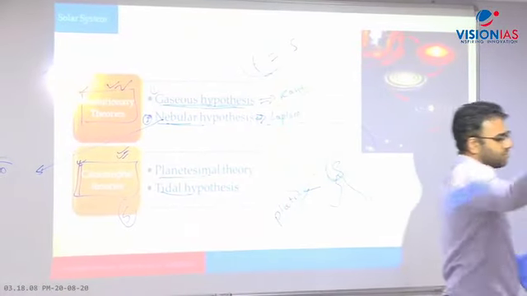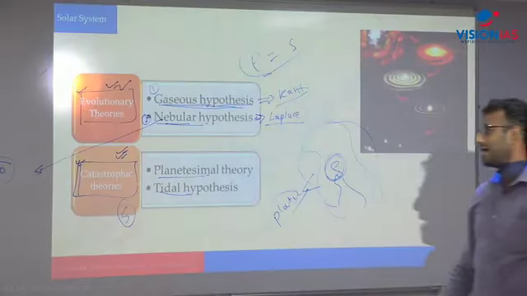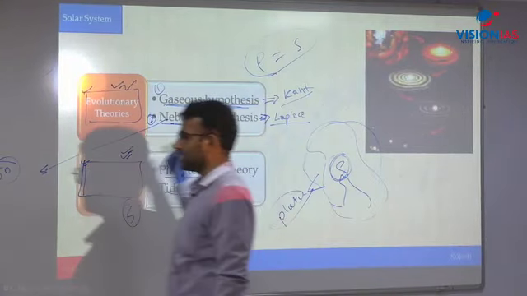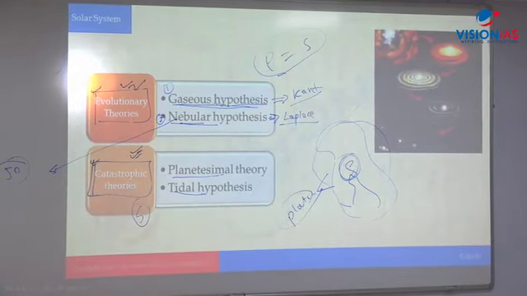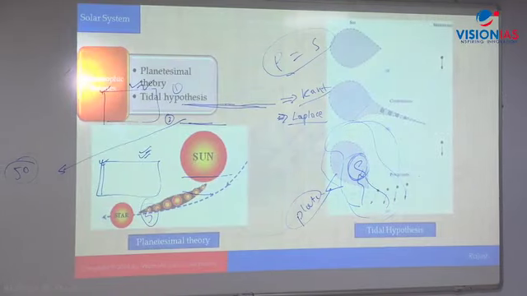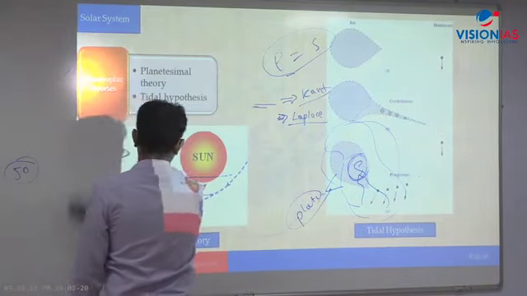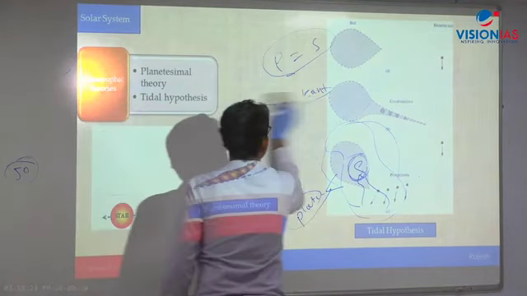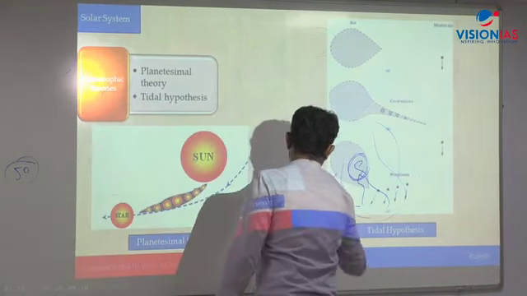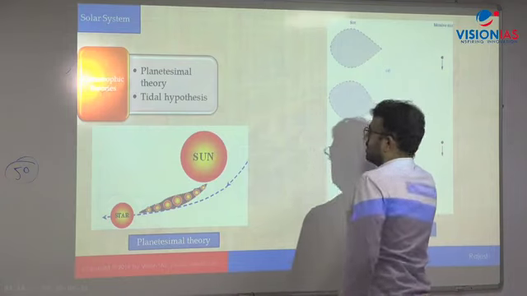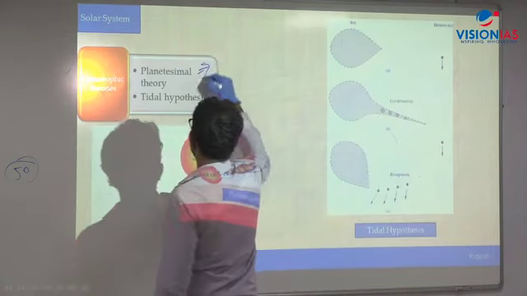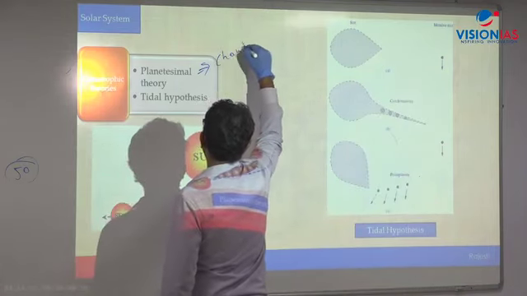Catastrophic theory. What is the catastrophic theory? The sun was already existing, a catastrophic event happened, and because of that the matter from inside the sun got ejected. That is what is the catastrophic theory. There are two catastrophic theories, the planetesimal theory as well as the tidal hypothesis. इसमें ज़्यादा details नहीं है. The planetesimal theory was given by Chamberlin and Moulton.